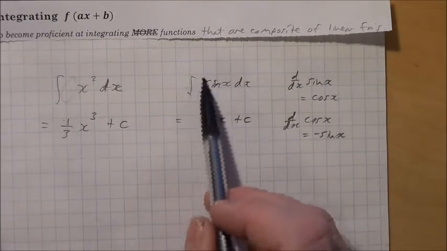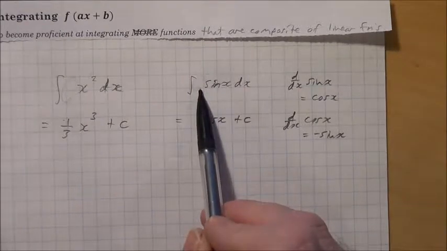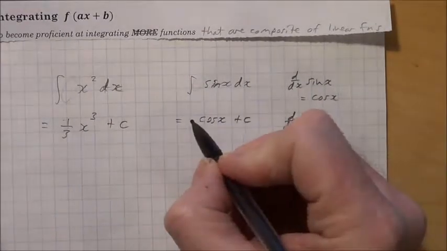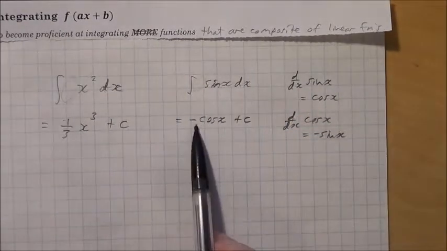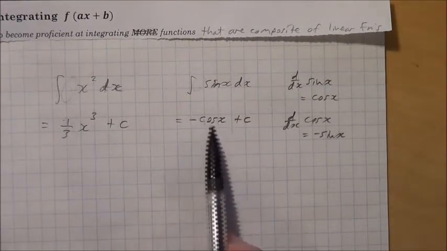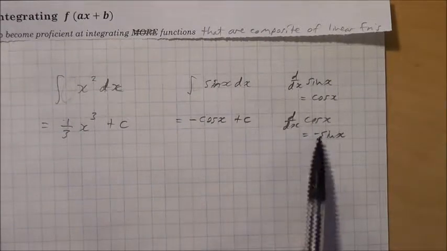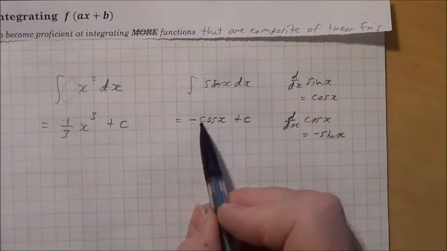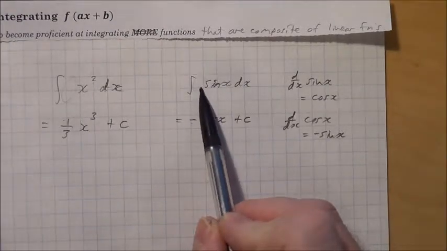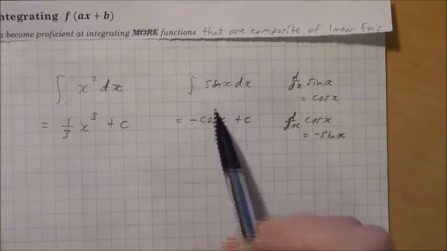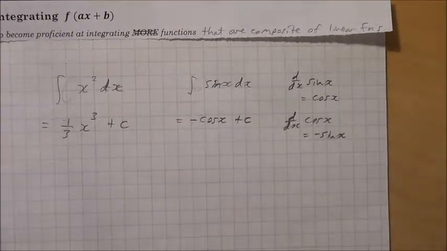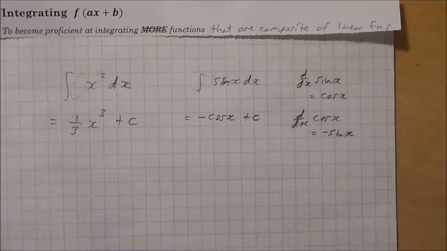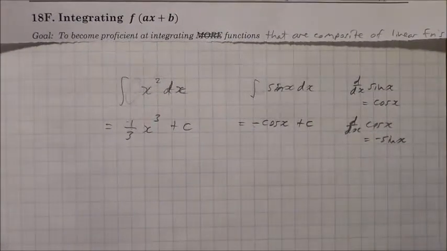So, but we see we've got a positive coefficient here, so that means that we have to start off with a negative. Okay, so then when you differentiate cosine x, that gives you a negative sine x. If you differentiate this, that gives us a negative sine x, which then becomes a positive sine x, which is what we want. Okay, so I always have to sort of think one step ahead in order to get back to what we want the integral to be.